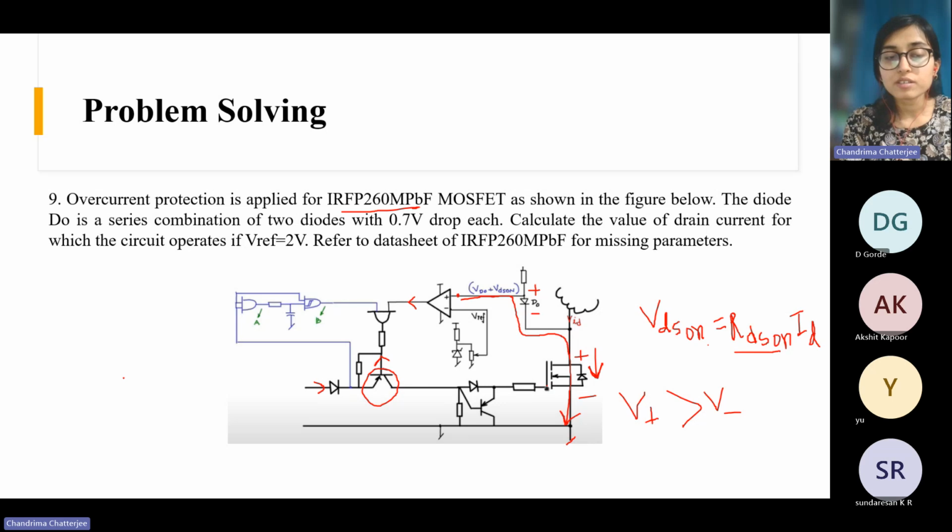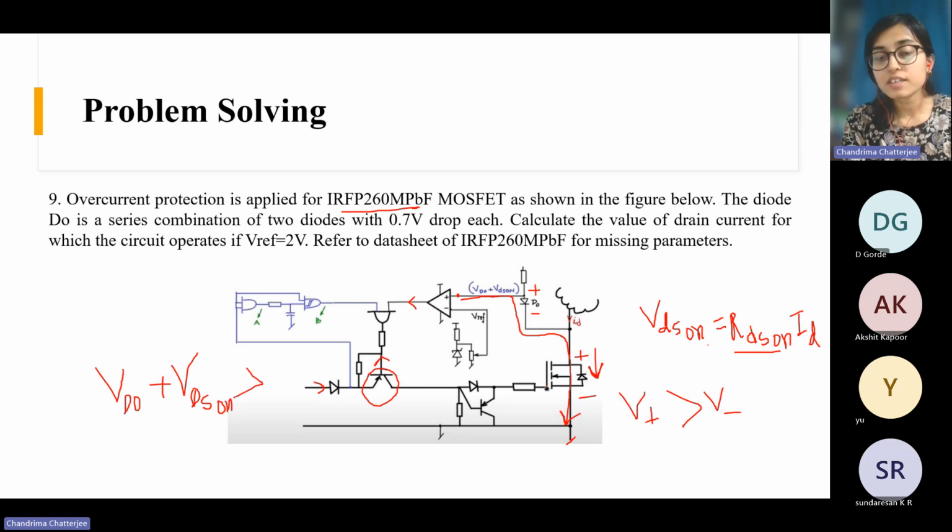Okay. So when this VDO plus VDS on is greater than the reference, you can select it based on your requirement. Based on at which current you want to turn off the MOSFET, you can select the VREF.